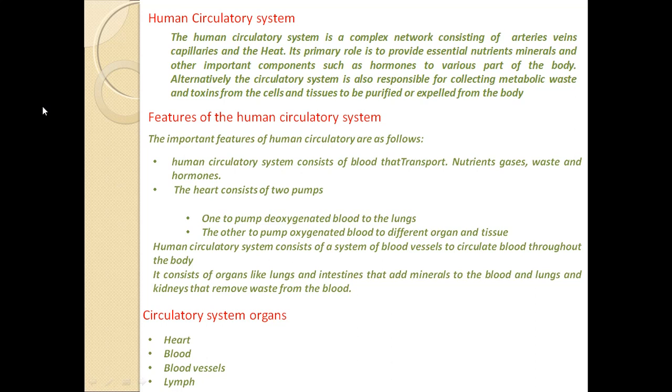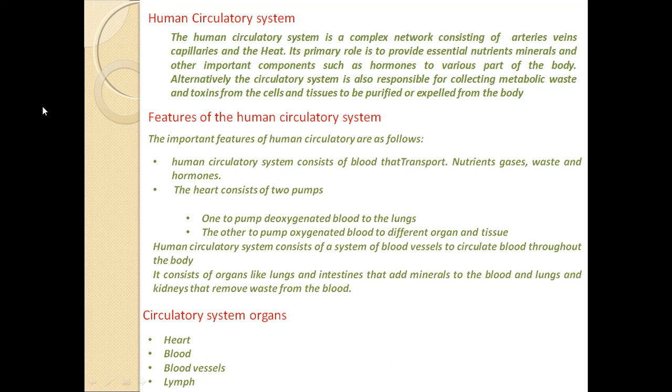Important features of circulatory system. Circulatory system consists of blood, which transports nutrients, waste and hormones with the help of the blood vessels. Heart will consist of two pumps.